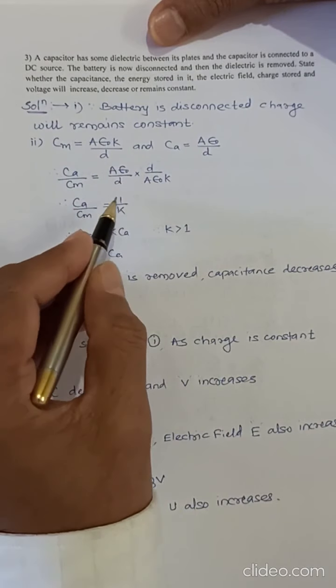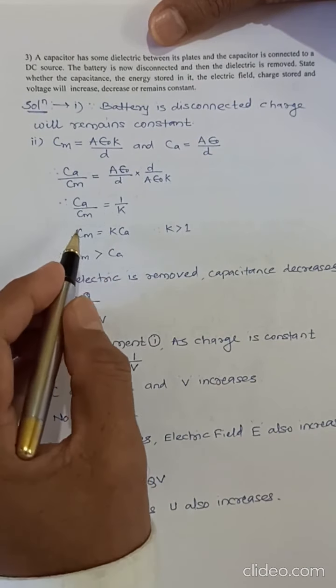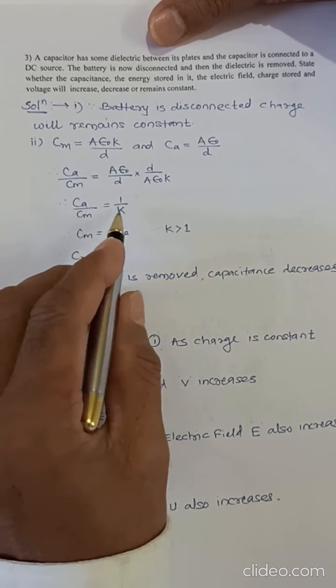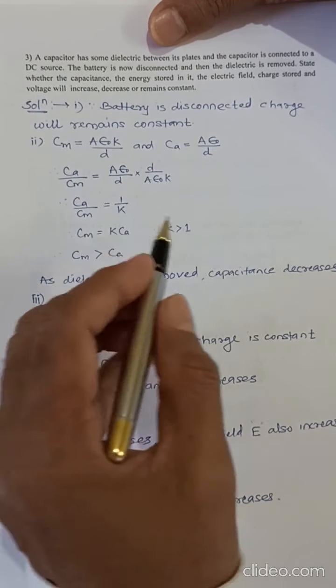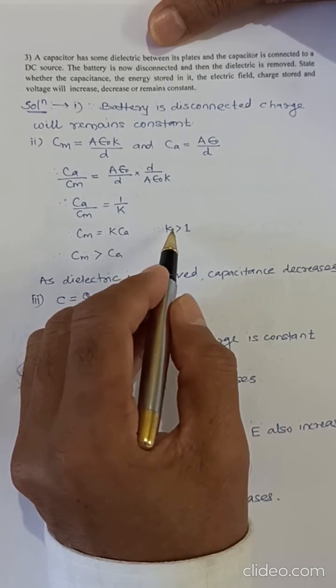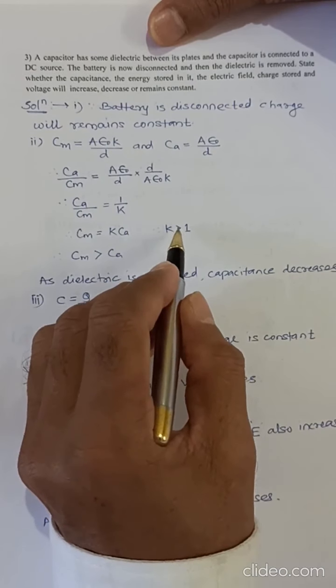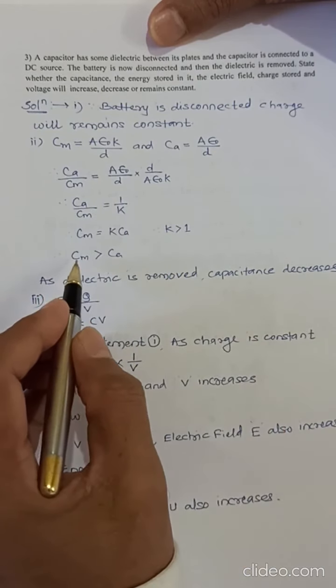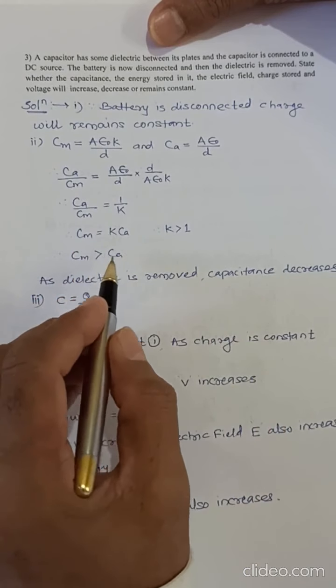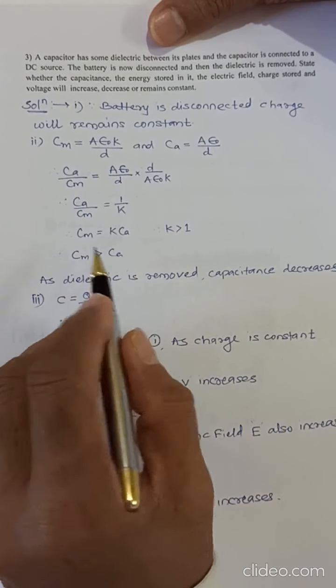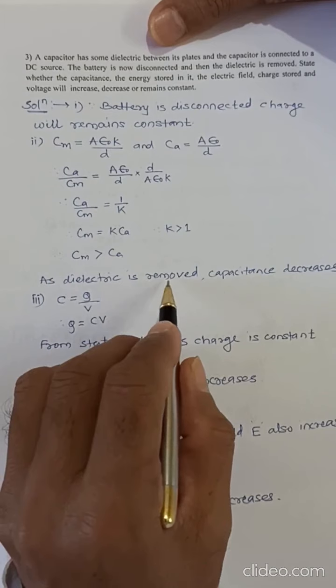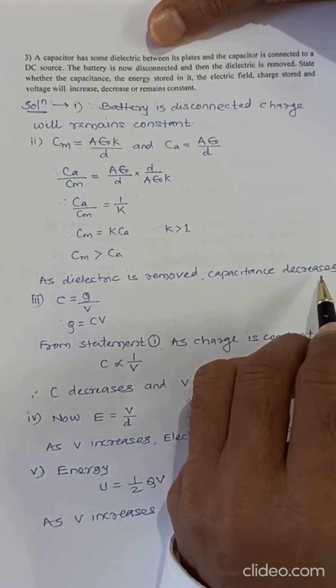Ca upon Cm is equal to 1 upon K, and therefore Cm is equal to K into Ca. But the dielectric constant of any medium is always greater than 1, and therefore Cm is greater than Ca. It means as the dielectric is removed, the capacitance decreases.